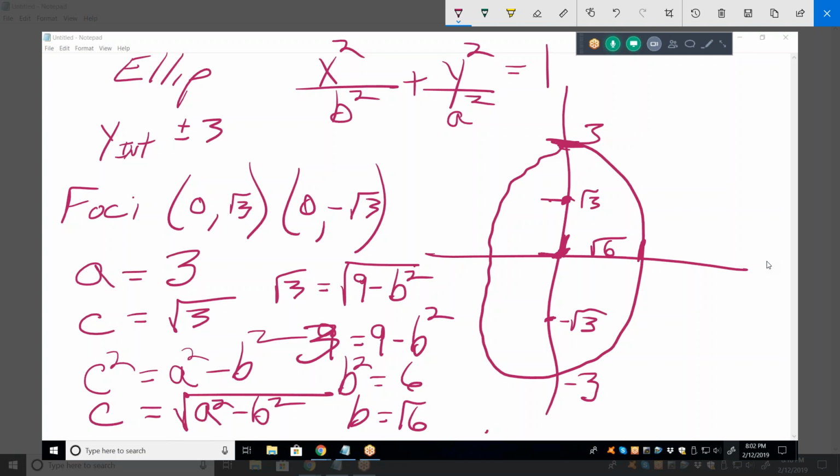The only thing we really needed was a B and an A. So what is it? X squared over what plus y squared over what equals 1? What goes under the X? 6. Yep. What goes under the Y?